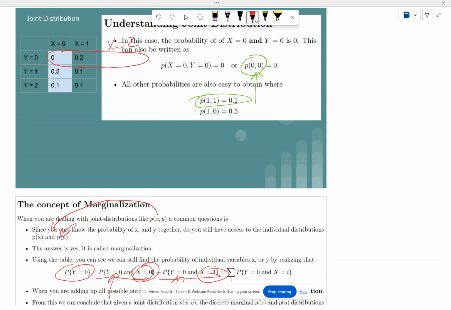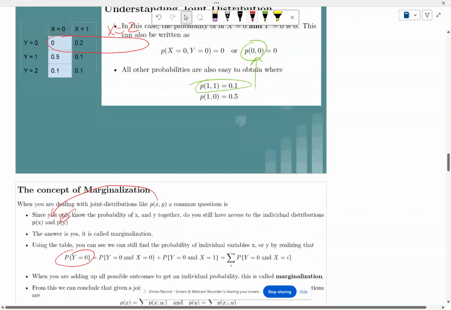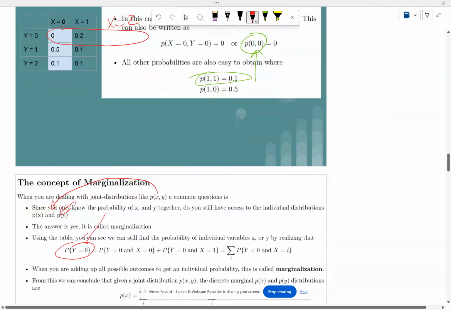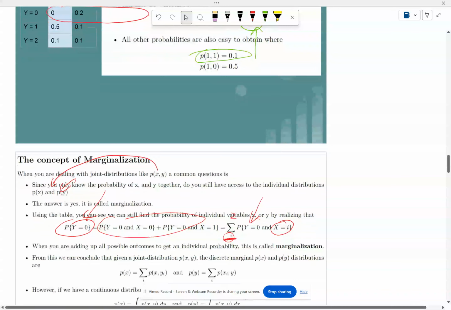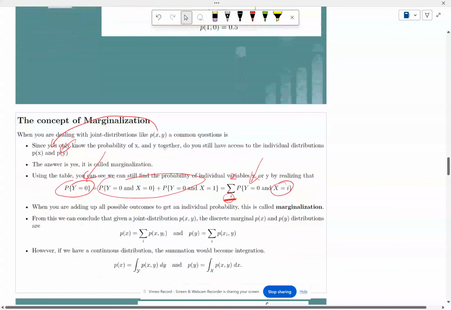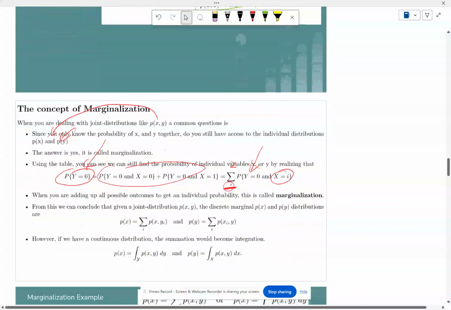We tend to write it as the probability of y equals 0 is equal to the sum, for i equals 1 to 2, of the probability of y equals 0 and x_i. You're summing up all the possible x_i's and essentially adding up all the outcomes. This is called marginalization.